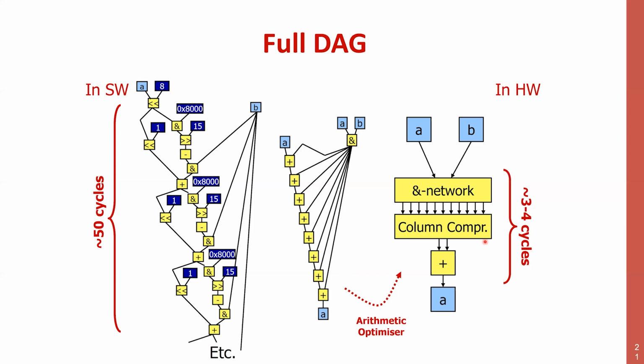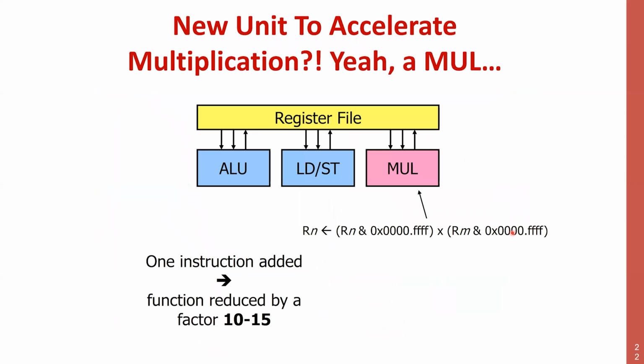In the very worst case, it's probably absolutely not 4 cycles, but 3-4 cycles. It's more likely 2-3, maybe even 2 instead of 3. So it's much, much shorter, and that's exactly what happens. So from 50 cycles, now I go down to, say, 3 cycles. So something like, again, a factor maybe 15.